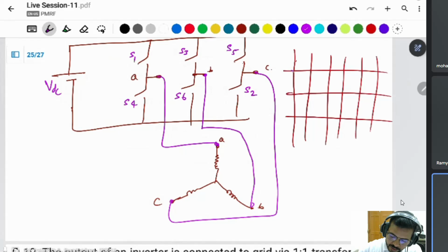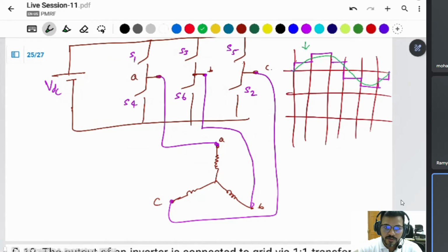If you convert the system like that, and then use a filter, you will get an AC system. You have to trigger the switches like that, and then you find the voltages in this manner. After that, you can convert this into your AC system by using a filter.